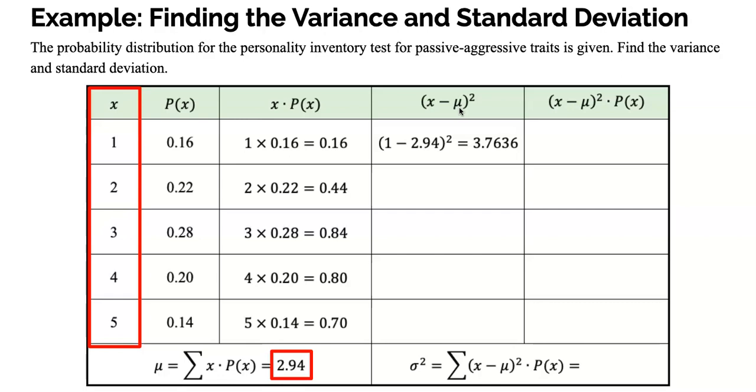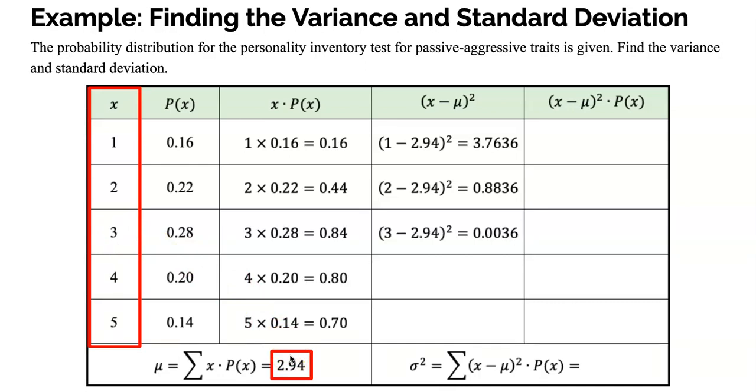What do you think the next one will be? You have to do 2 minus 2.94, and you square that, and that will come out to be 0.8836. The next one should be 3 minus 2.94, and you have to square that value.